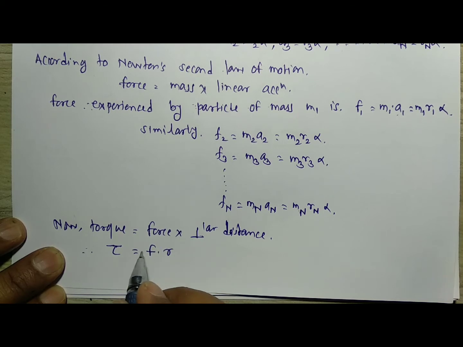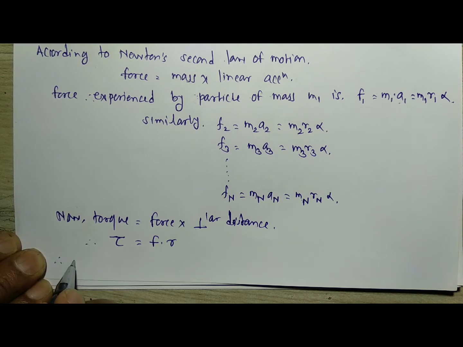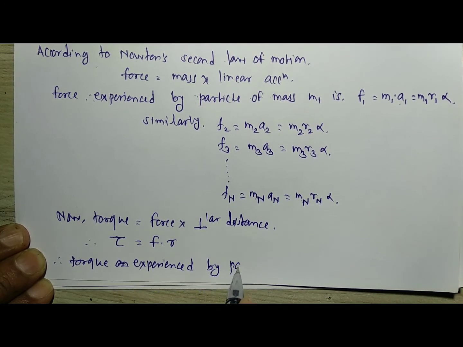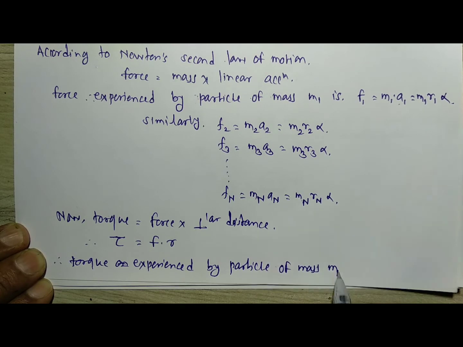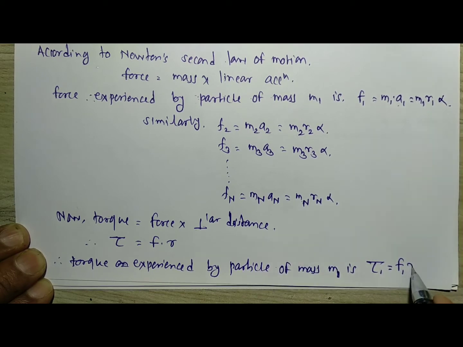Therefore the torque experienced by the particle of mass m1 is tau 1 equal to F1 r1.